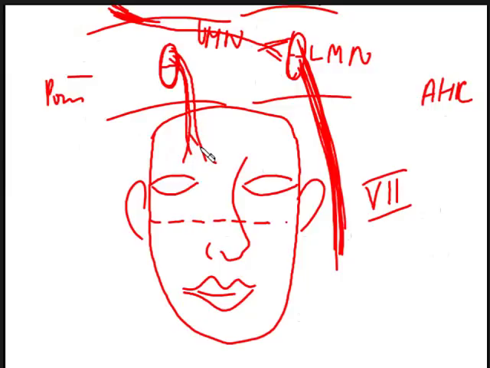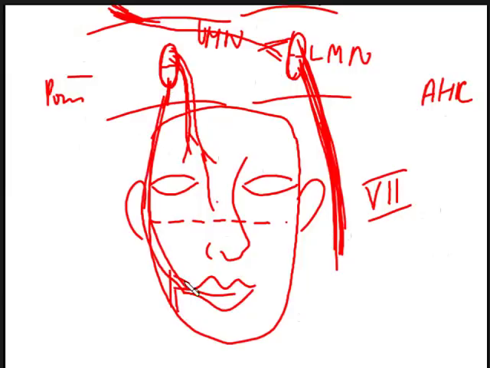So they travel with the seventh nerve, but these axons which originate from here come to supply the upper part of the face. The axons which originate from cells in this lower part come and supply muscles on the lower part of the face.